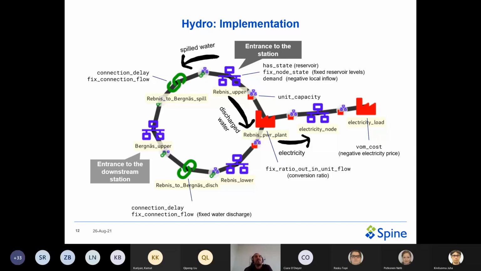And finally, in the connections, we have the connection delay that tells SpineOpt how long it takes for the water to reach the next station. So SpineOpt can introduce the proper delays in the equations. And that's it. This runs.